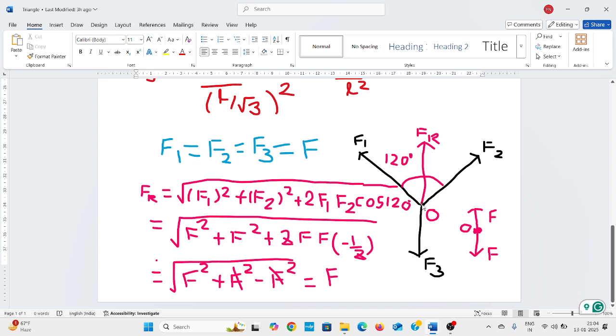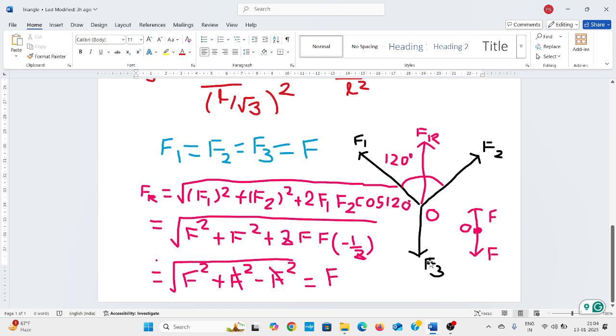The parallelogram law says the resultant is the square root of F1 square plus F2 square plus 2 into F1 into F2 into cos of the angle between them. The angle is 120, so it will be cos 120 degrees. After calculating, we will get the resultant force as F.